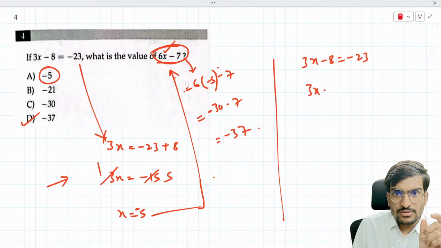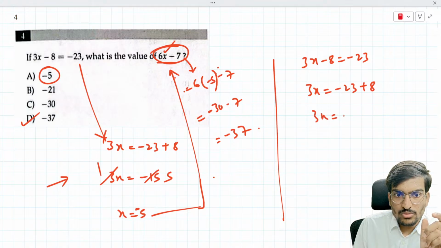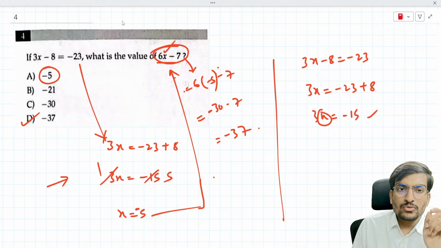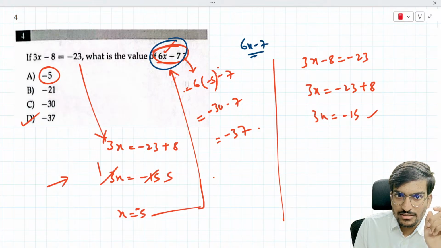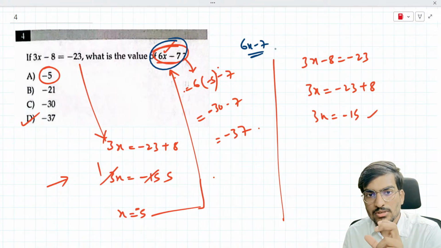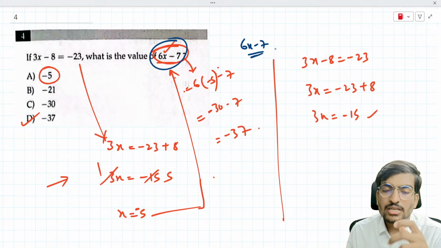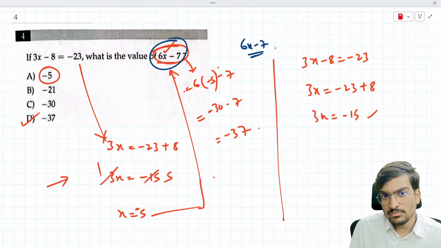So 3x equals negative 23 plus 8, 3x equals negative 15. Till here we are finding the x value. Instead of that, we can directly find what we need. We need 6x minus 7. I'm telling this because we can do it by this method also.